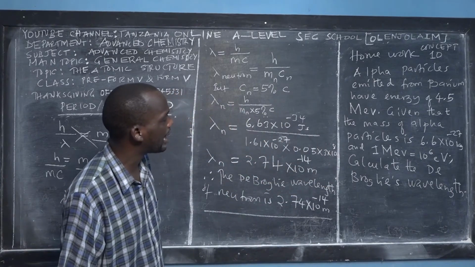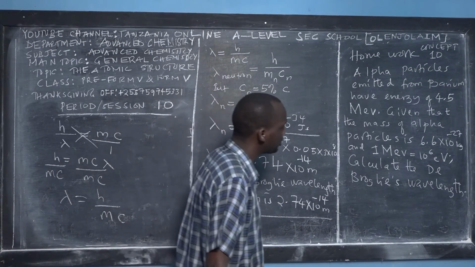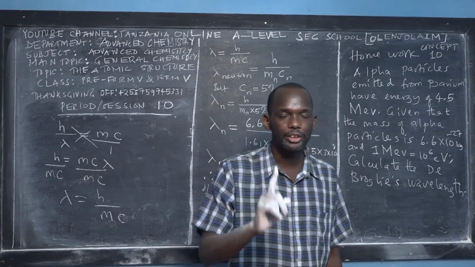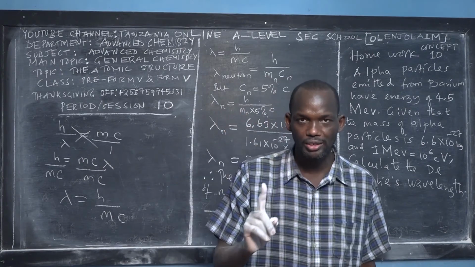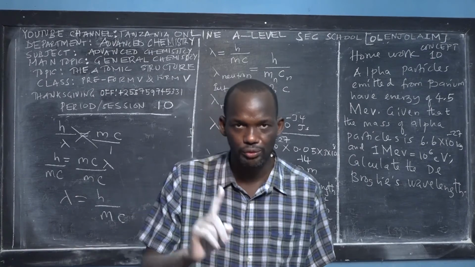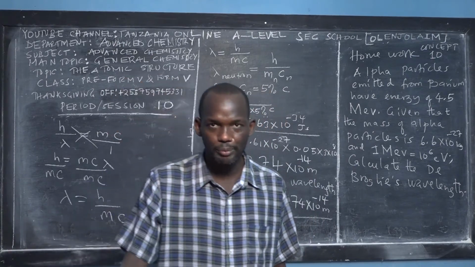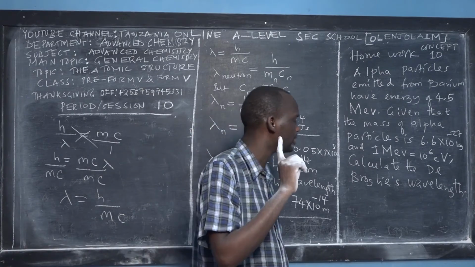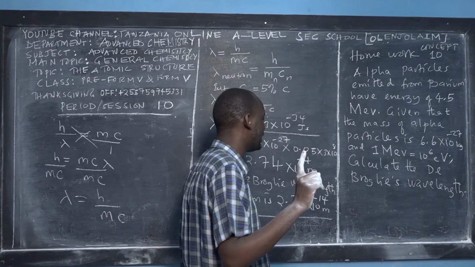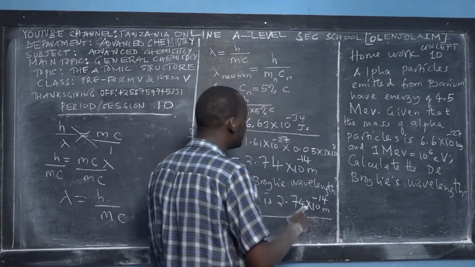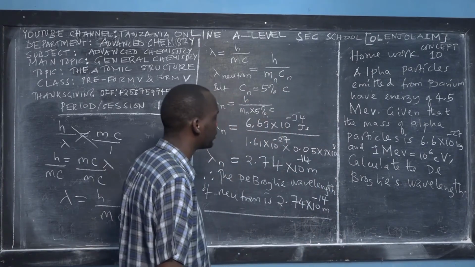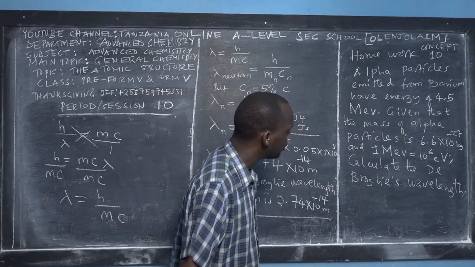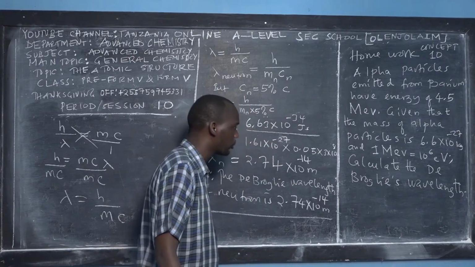Given that the mass of the alpha particle is 6.6 exponent negative 27 kilograms, it obeys the conditions of de Broglie: in order to determine the de Broglie wavelength, the mass of the particle, whether electron, neutron, alpha, beta or gamma, should be small enough so that the de Broglie wavelength can be computed. It should not be large like the mass of a stone. And 1 mega electron volt is equal to 10 exponent 6 electron volt. So calculate the de Broglie wavelength.